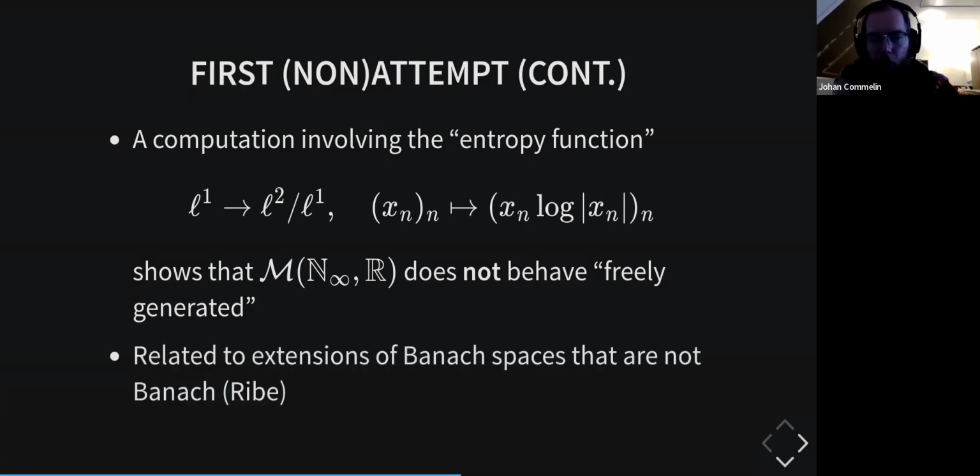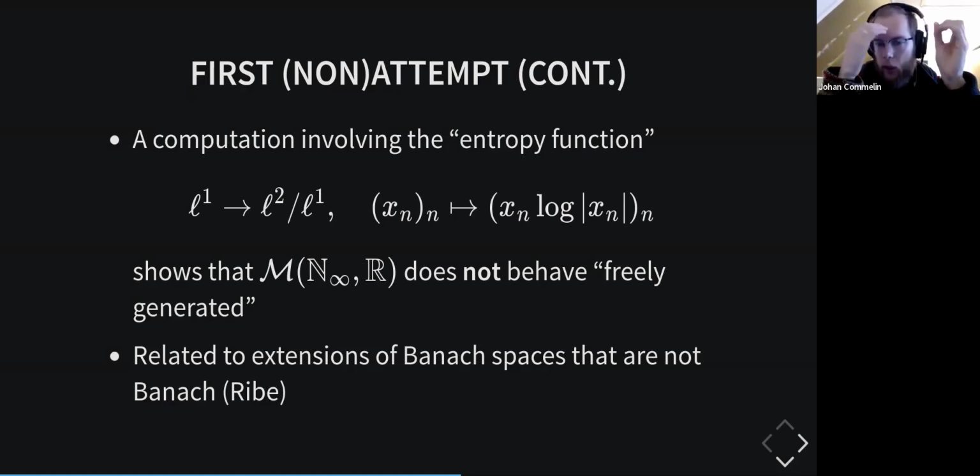And if we zoom out a bit, this is philosophically very much related to a 50-year-old theorem by Ribe, that you can have two Banach spaces and an extension of those two Banach spaces in the middle, within the category of topological vector spaces. And this extension does not need to be a Banach space itself.